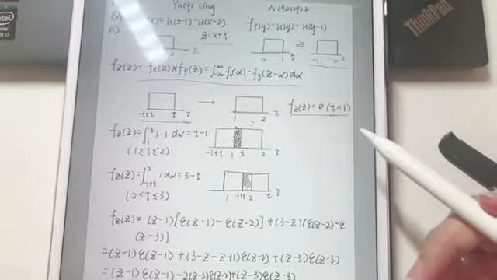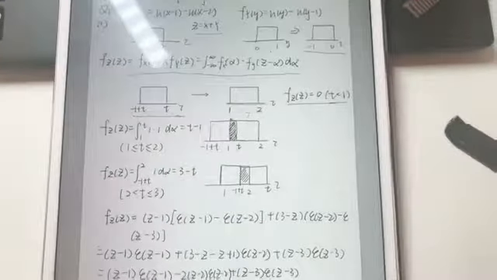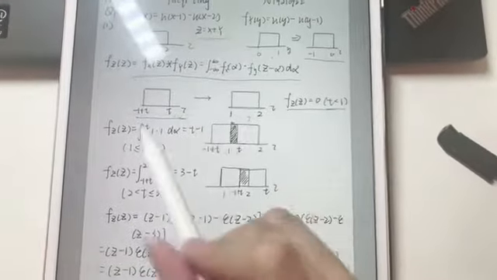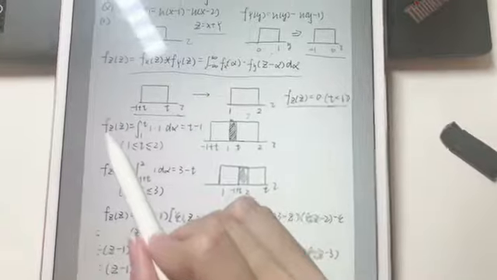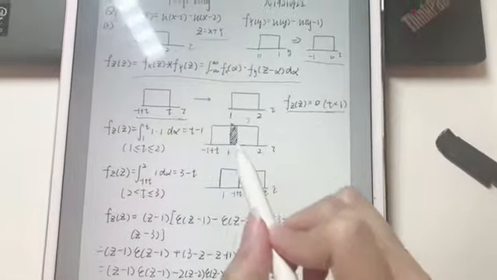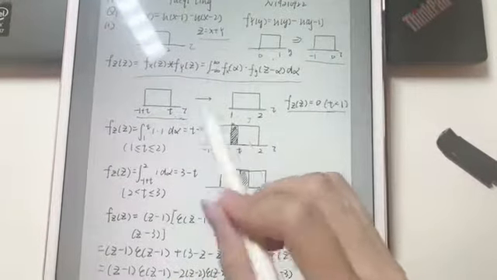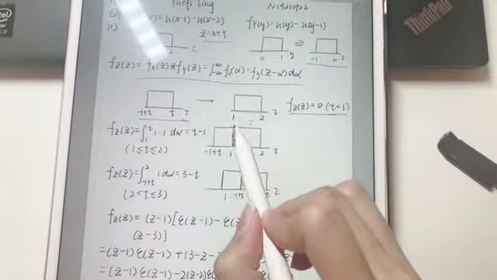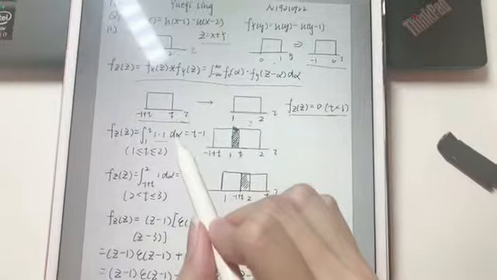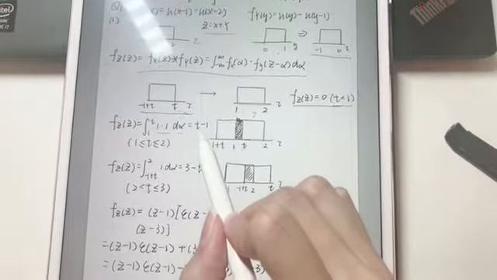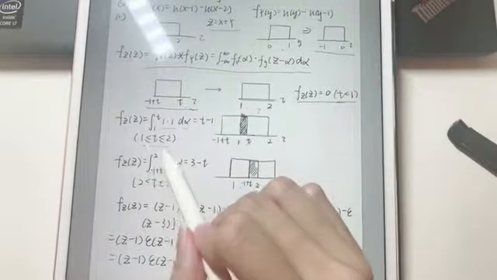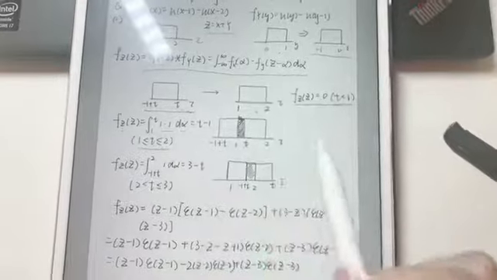Now we can make an integral over this area so that we can get the little PDF of z. That is, fz equals the integral from 1 to t, where the value of the function is 1, d alpha. Now we get the little PDF when t is between 1 and 2.